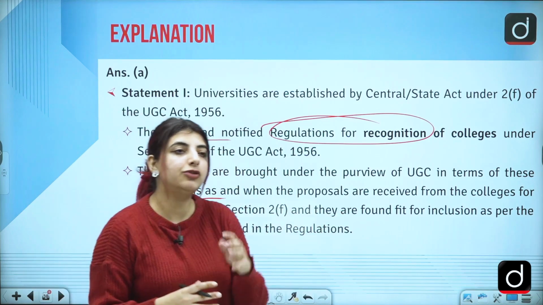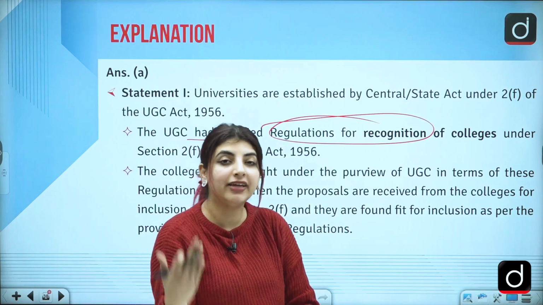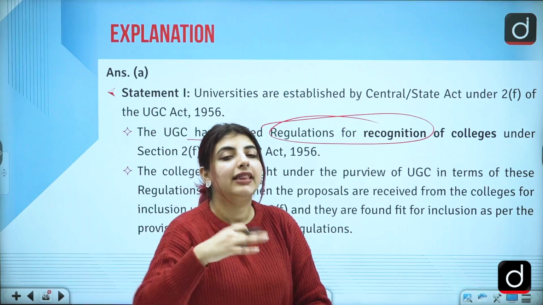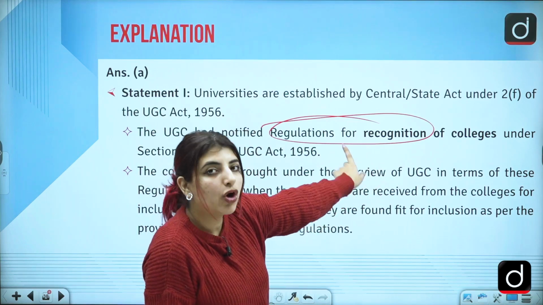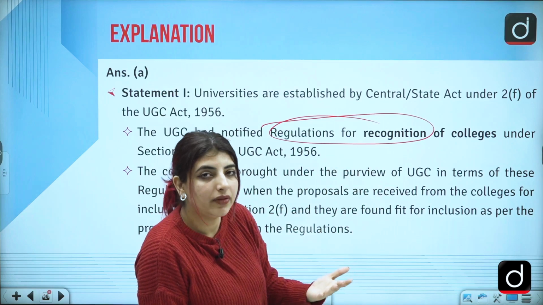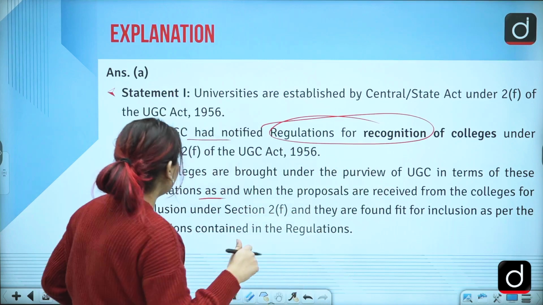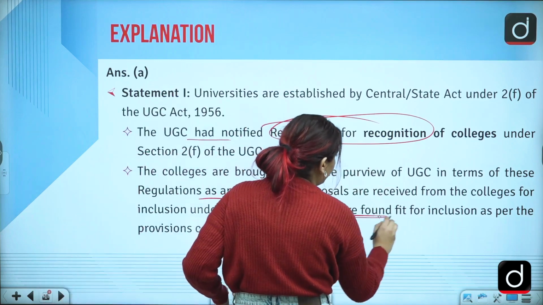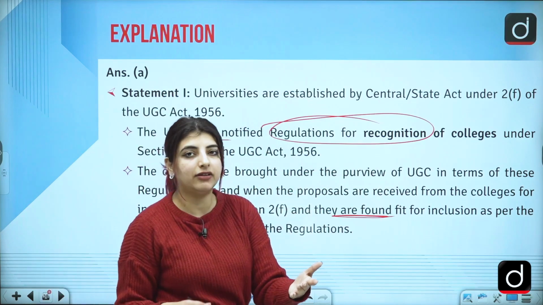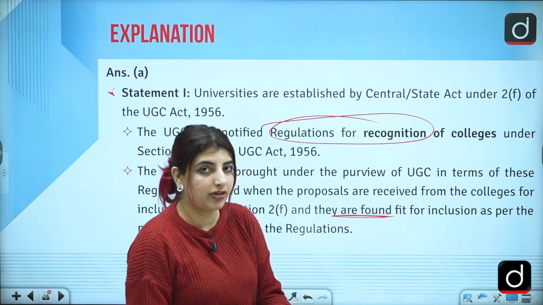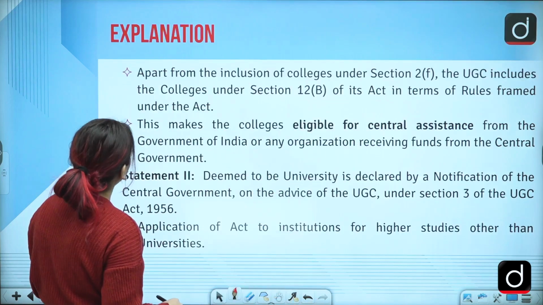So as the colleges want to get themselves established or recognized by the UGC, they come under the state or the central act, depending on what they are applying for, right? And if they are found fit for inclusion as per the provisions contained in the regulations, they are given recognition from the UGC.